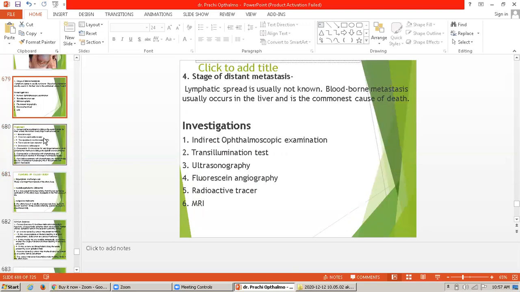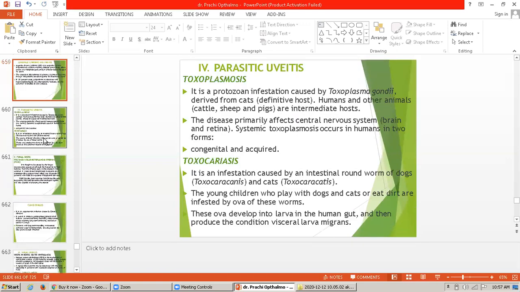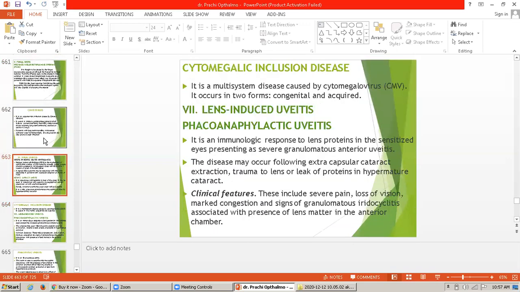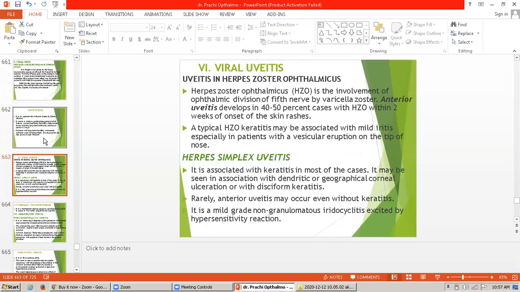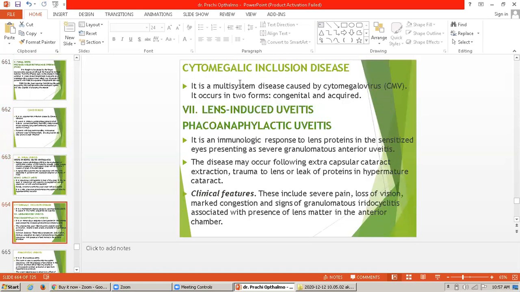So in today's lecture we studied candidiasis, then viral uveitis, that is uveitis in herpes zoster ophthalmicus, then herpes simplex uveitis, cytomegalic inclusion disease.